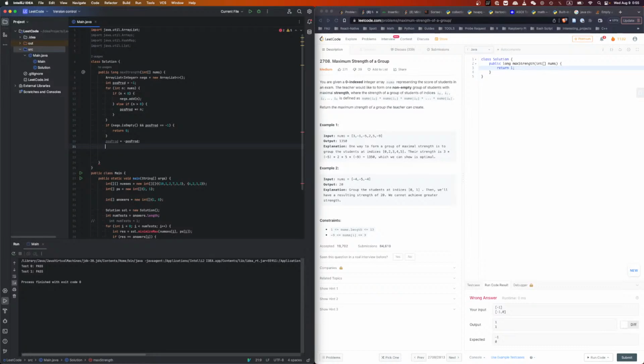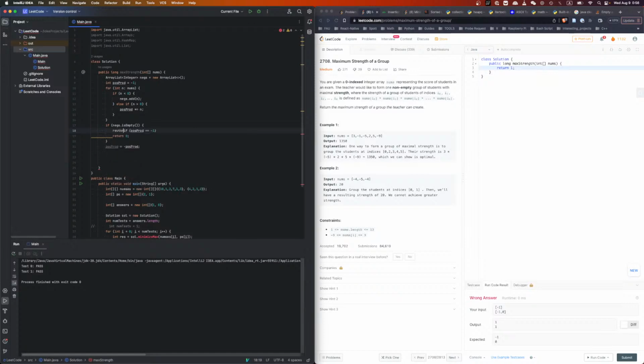If we don't have any negative, right, then I think I can do this way. If I don't have any negative, then we have positive or we have 0. Then we say if positive is equal to -1, which means I don't have any positive, then we'll return 0.